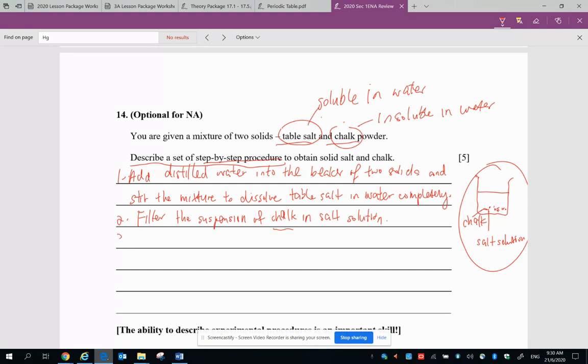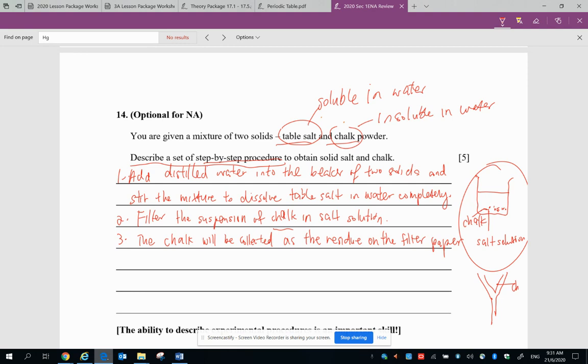Next, after you filter, you'll get the chalk. The chalk will be collected as the residue on the filter paper. The chalk will not pass through the filter paper. It will be collected as the residue on the filter paper.